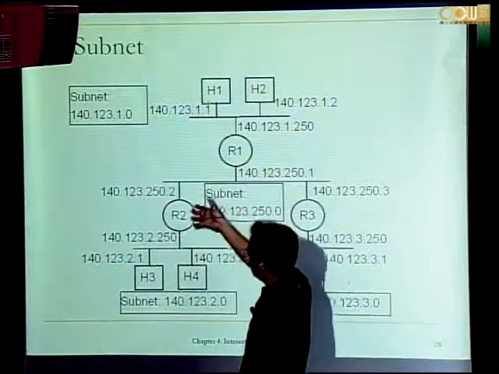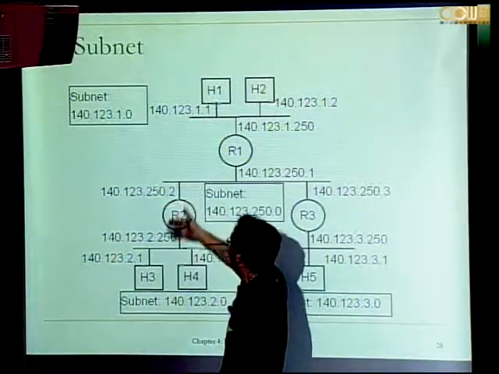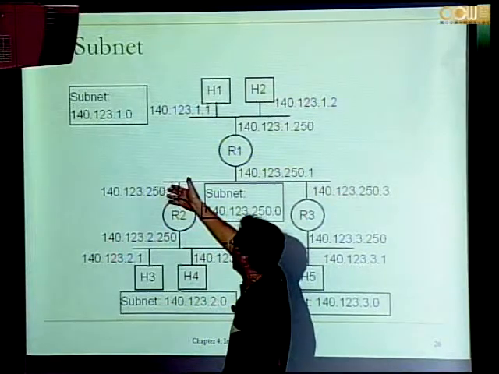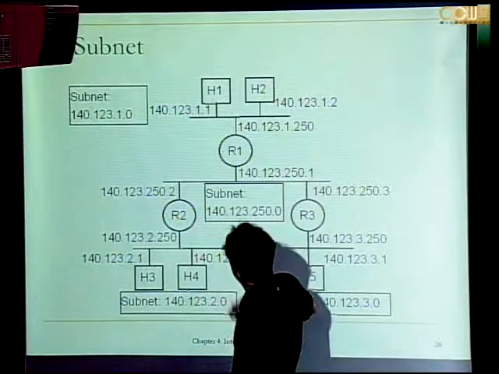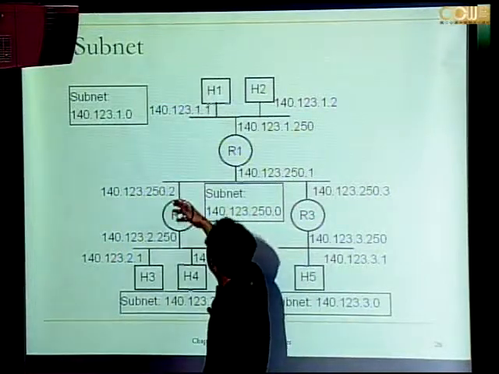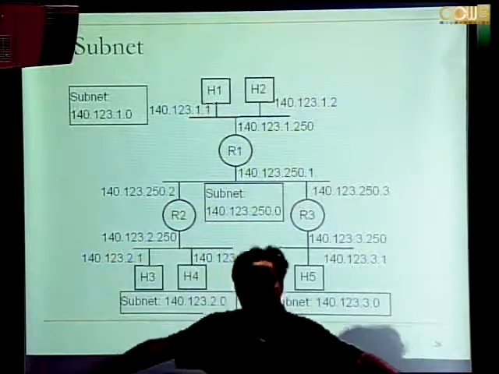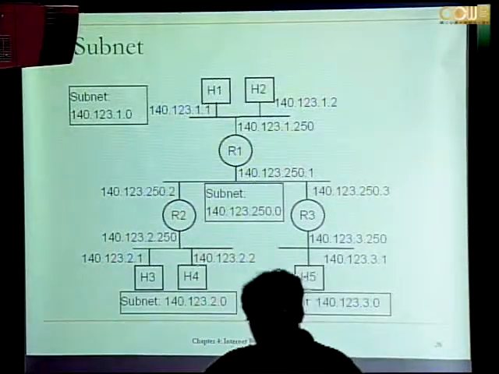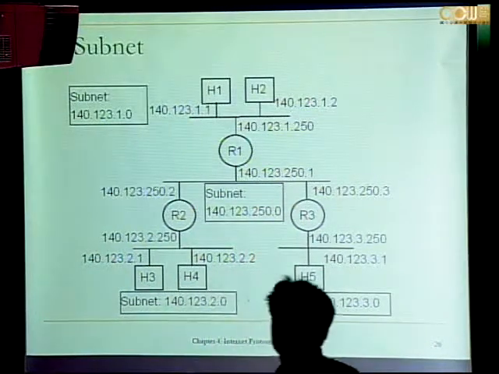And of course, because the router has 2 interfaces, it would have more than one IP address. So you get 2 IP addresses, and these 2 IP addresses are on different subnets. So I'm a host crossing 2 subnets. On this side, I'm connected to 1 subnet. On this interface, I'm connected to the other subnet.